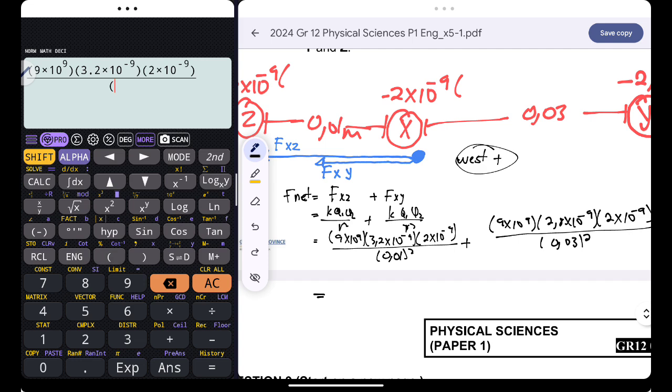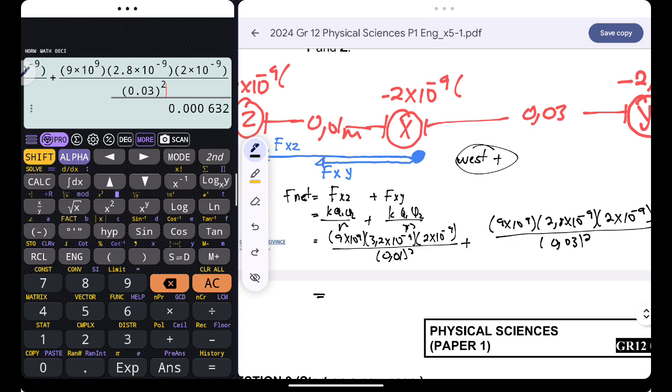This is all divided by 0.01 squared, plus 9 times 10 to the power 9 multiplied by 2.8 times 10 to the power of negative 9 multiplied by 2 times 10 to the power of negative 9. This entire thing is just divided by 0.03 squared.